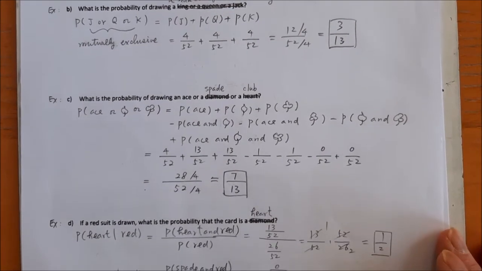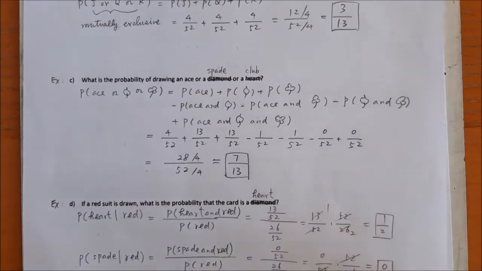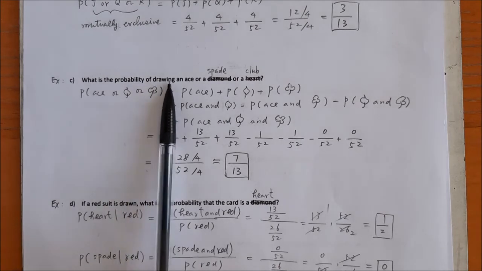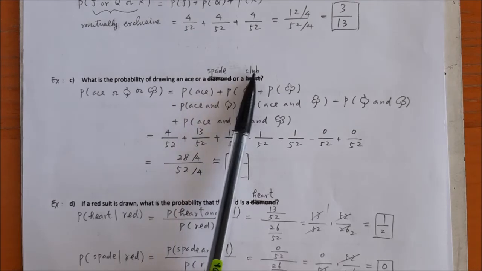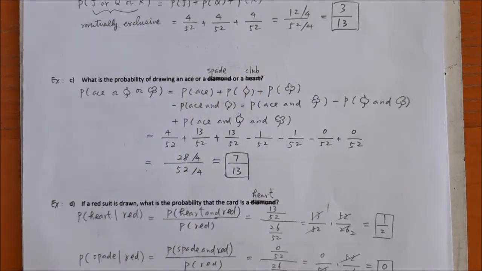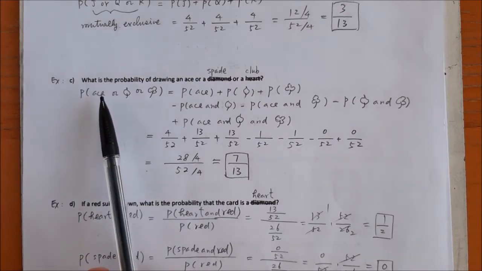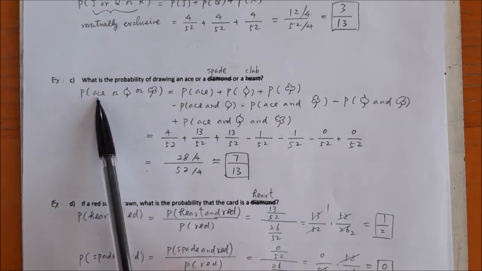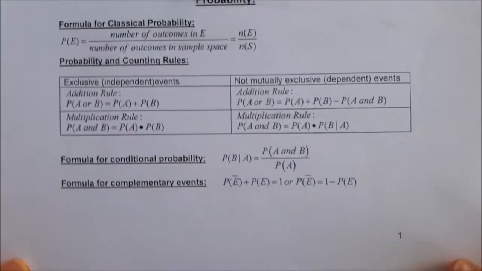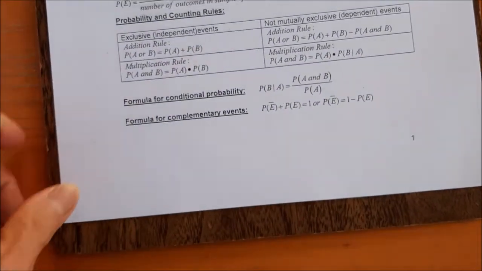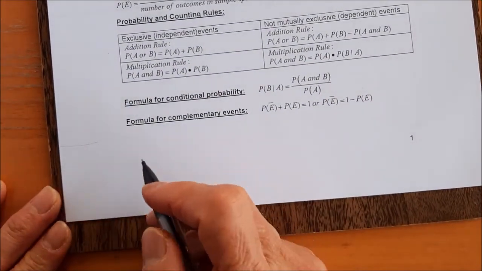It's the probability. And C, what is the probability of drawing an ace or a spade or a club? So those we are going to have 3 events. Drawing an ace or spade or a club. So we are going to use the formula. The formula is not on the formula sheet, so I'm going to write down that formula.